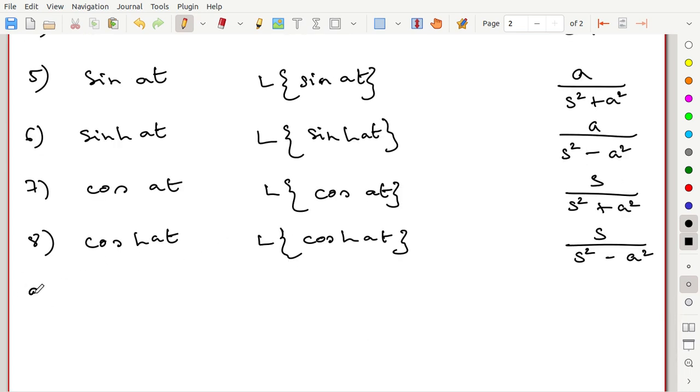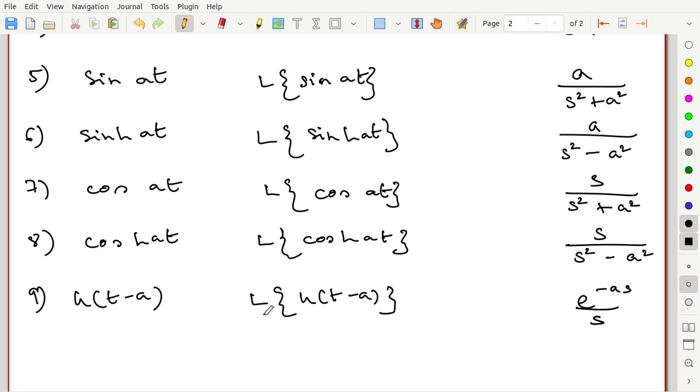The ninth one is the unit step function u of t minus a. The Laplace transform of u of t minus a is equal to e power minus as divided by s. The tenth one is the delta function. If f of t is delta of t minus a, then the Laplace transform of delta of t minus a is equal to e power minus as.